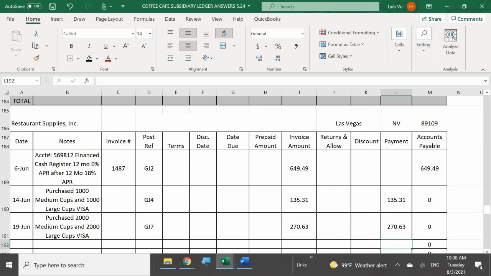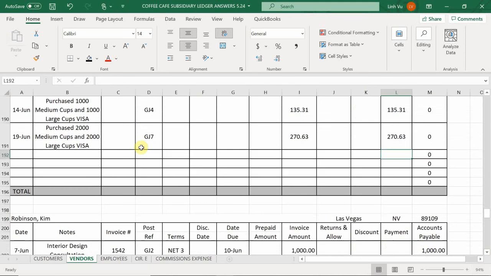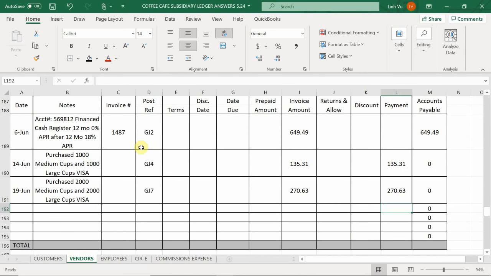So I owe restaurant supplies nothing for this particular item, but I still owe them $649.49 because I bought a register from them. We haven't paid on that note yet, correct? No, not yet. We won't do it in this scenario.